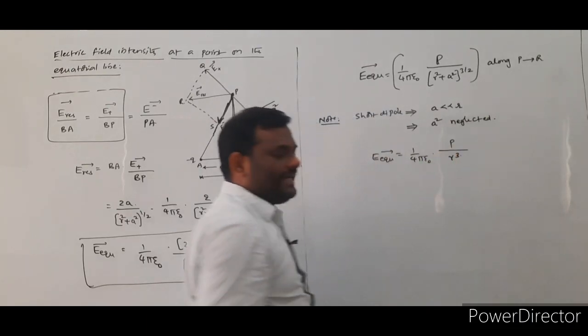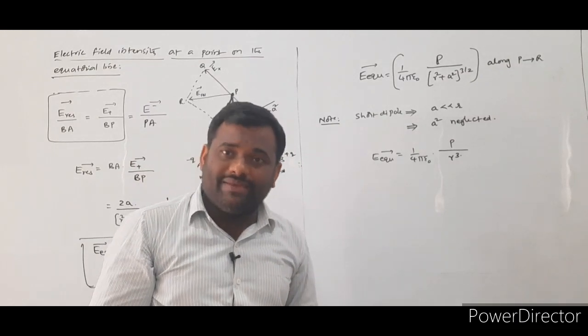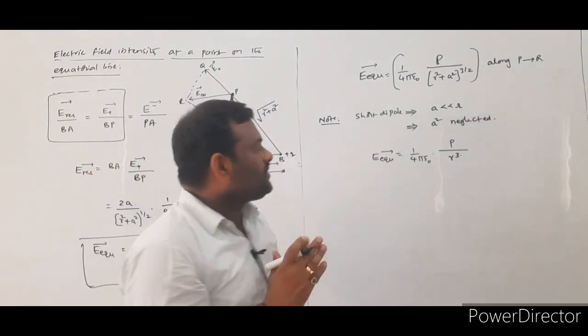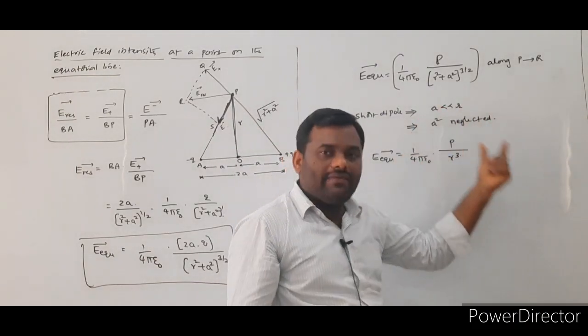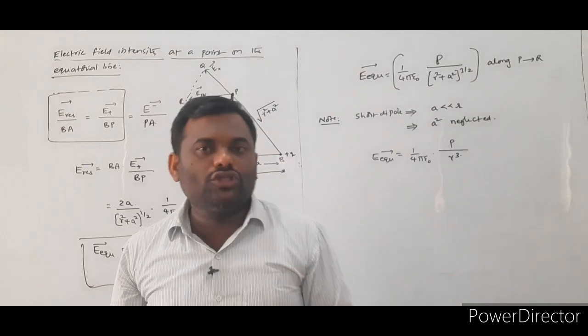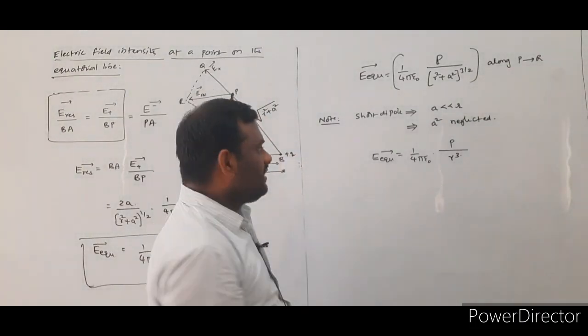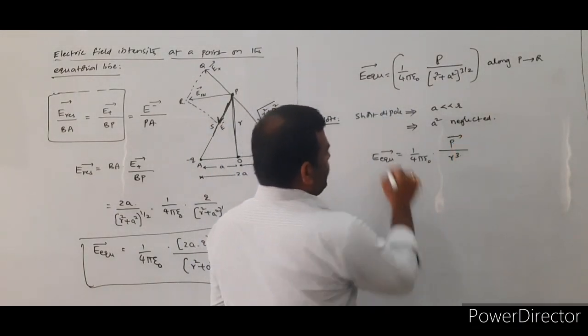Directly I am writing that this is equal to r cube. Whenever we assume that the dipole we consider is a short dipole, for the short dipole the a value will be much less than r, so the a square term should be neglected. Therefore E equatorial line is equal to the general formula 1 by 4 pi epsilon naught P bar by r cube.